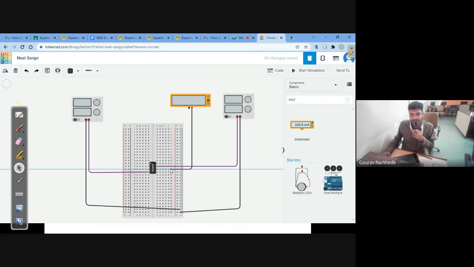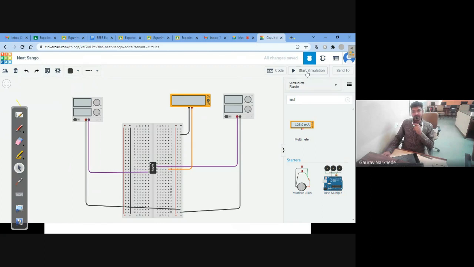Yes, this is your out terminal. Let me give it an orange color. The negative I'm connecting to ground, because output is always measured between the output terminal and ground. This complete green highlighted line is your ground connection, and I'm connecting it with a black color.